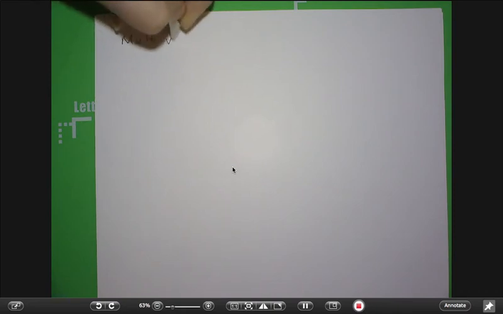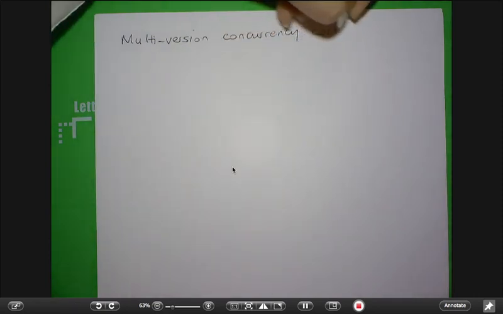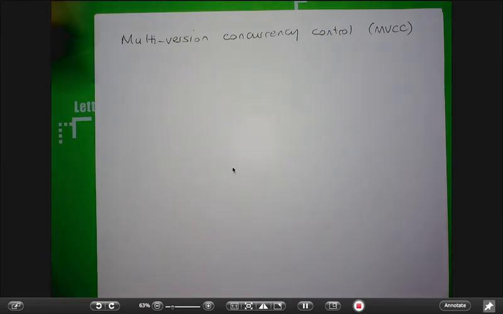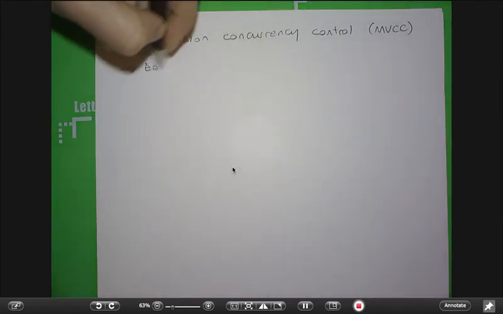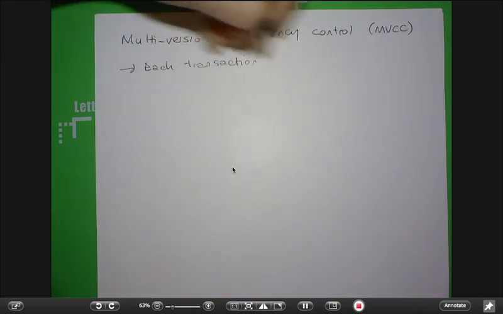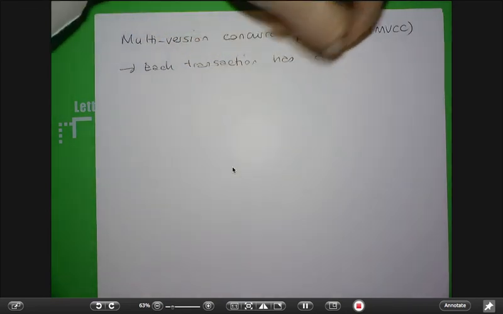Okay, so you can use something called multi-version concurrency control, or MVCC. Each transaction has a timestamp.